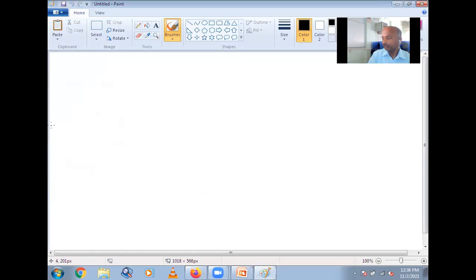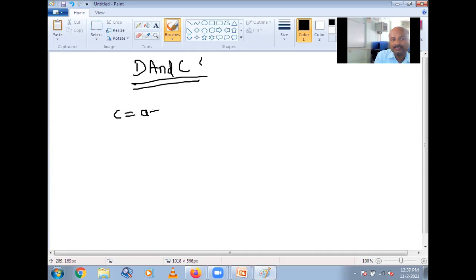So divide and conquer, that is D and C. Divide and conquer is one of the strategies to design an algorithm. Suppose you have to design a particular algorithm for addition of two numbers. What to do? Suppose I want to write a program for this code or algorithm, then what is the procedure?